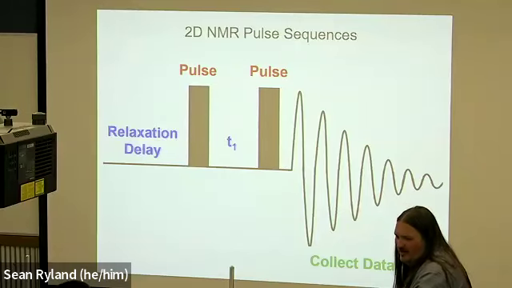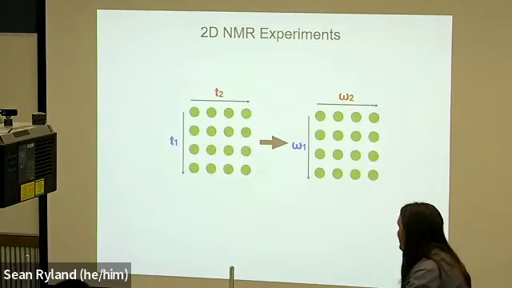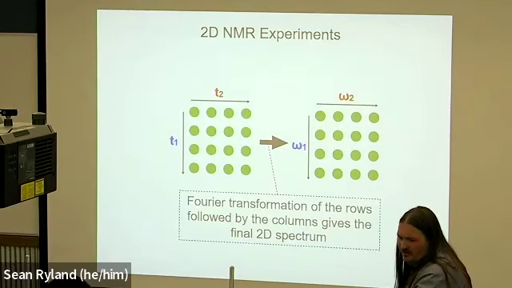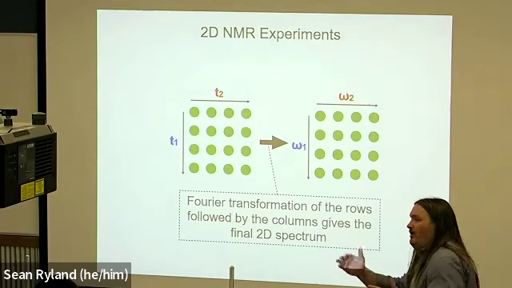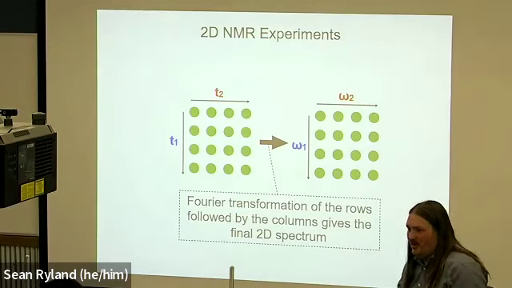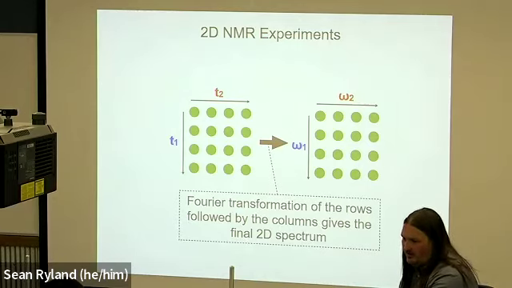And then mathematically, we can take the signal that comes from T1 and T2, and do a Fourier transform with it. That separates out the two spectra and allows us to see where they interact, where these matrices are interacting with each other.